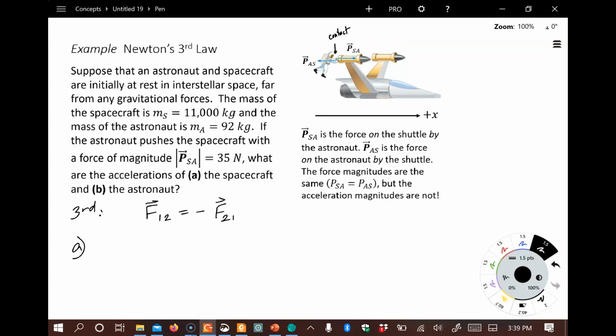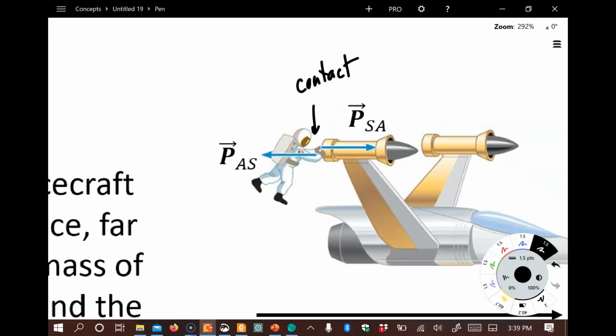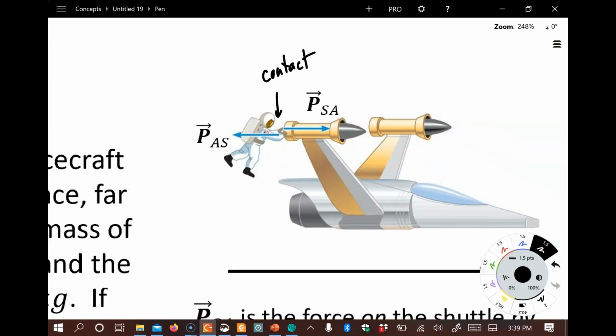To solve this, we can treat this just like we would for any other problem using Newton's second law. And so we're going to draw a free body diagram and figure out the forces that act first on the spacecraft and second on the astronaut. Okay, so let's focus on the picture. Right now we're going to focus just on the spacecraft, so we only want to know forces that act on it.